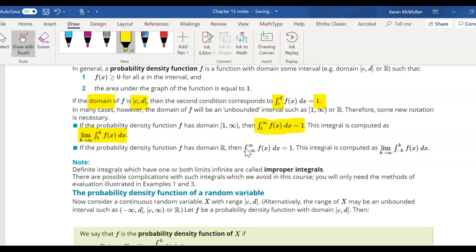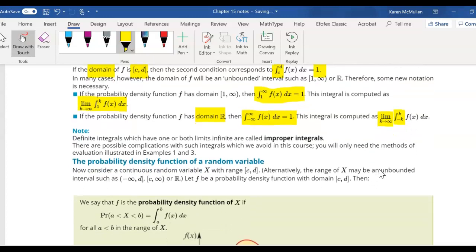Then if the domain is any real value, we're going from negative infinity to infinity. Okay, so you can see that on your definite integral, but just like before, instead of writing your lower limit and upper limit as negative infinity to infinity, we use k. All right, and then just say the limit as k approaches infinity.